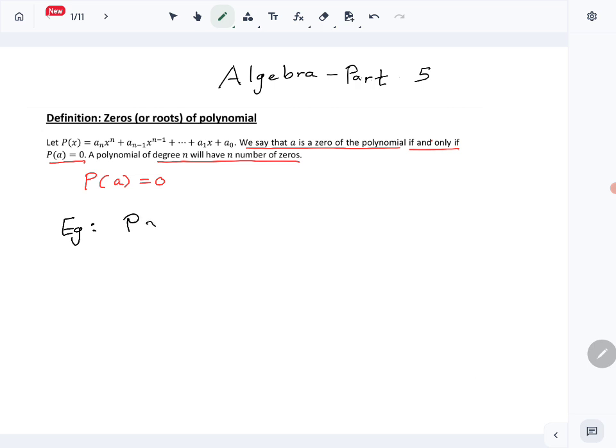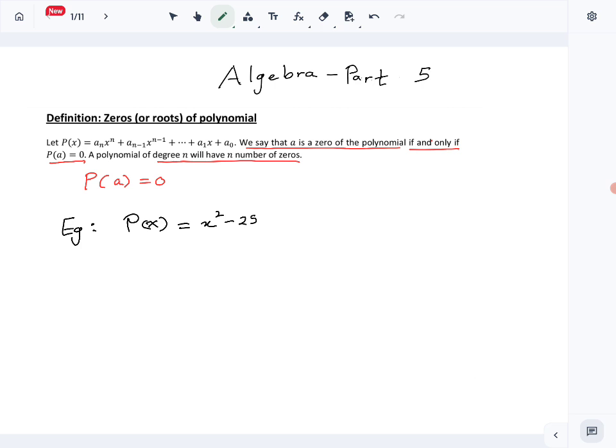So let's consider this polynomial. This is a degree 2 polynomial, or it's a quadratic, right? So to find the zeros, we need to find x values where the polynomial value will be equal to 0.